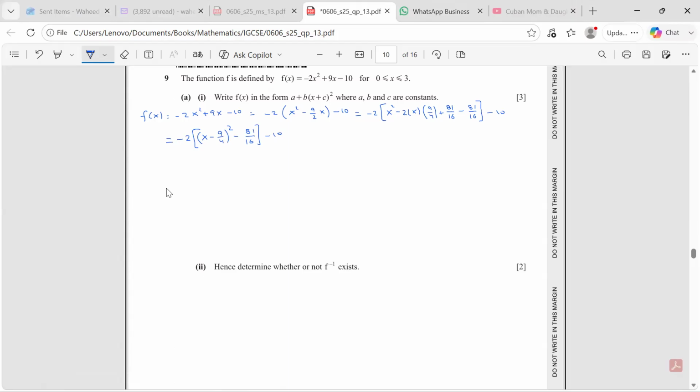And if I open this bracket, it will become minus 2 and x minus 9 by 4 squared. And this would be plus 81 over 16 and minus 10.